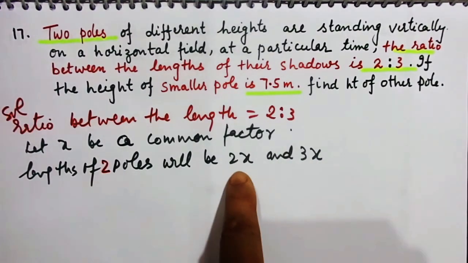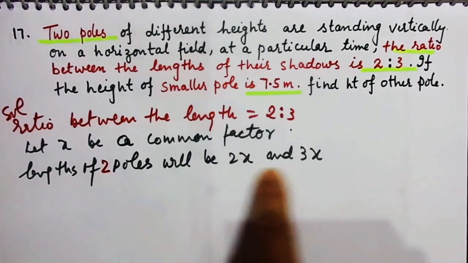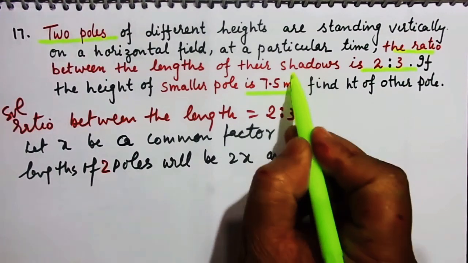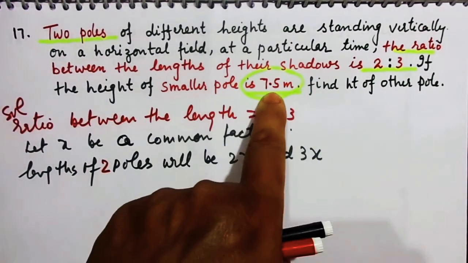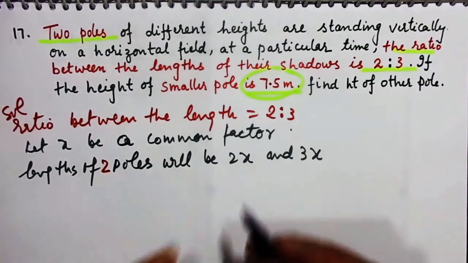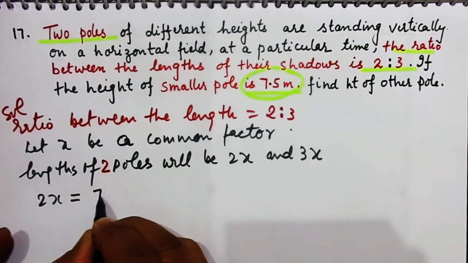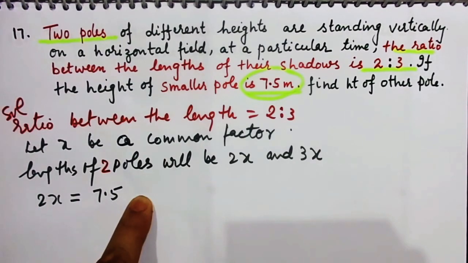Now clearly you can say that 2x is the smaller one and 3x is the bigger one. They have given the height of the smaller pole is 7.5 meter, so 2x will be equal to 7.5 meter.